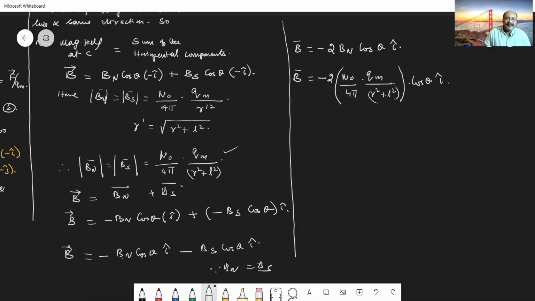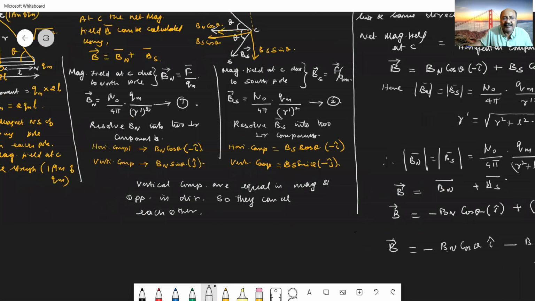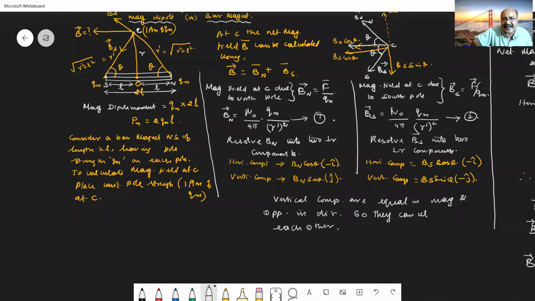Am I correct? Now you consider the triangle. Let us take this as equation number 3. From the figure, you consider a right angle triangle. Let us consider this triangle OSC.